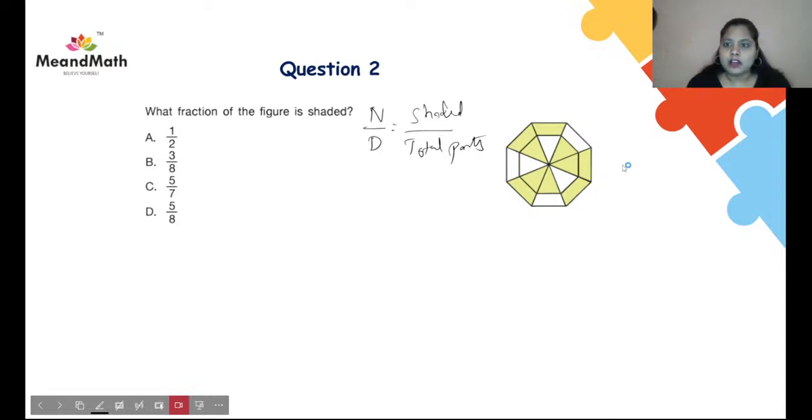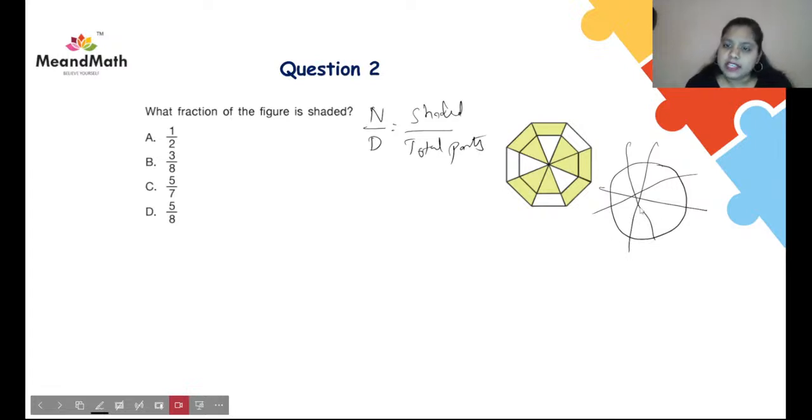Okay, let us draw a circle for our reference. Now you can see that 1, 2, 3, 4, 5, 6, 7, 8. So this has been cut into 8 parts, right? First we'll cut into 4, again we'll cut that into another 4. We cut the similar picture into 8 parts.